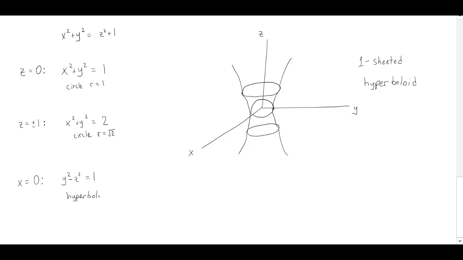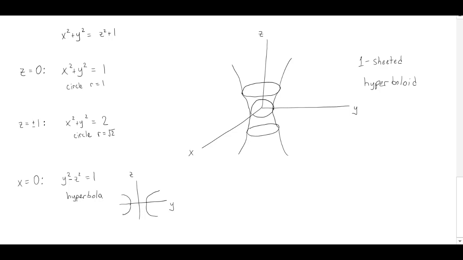Okay. So in the yz plane, this hyperbola will look like something like this. Okay?